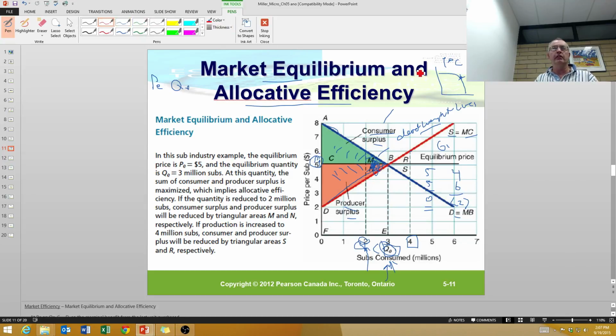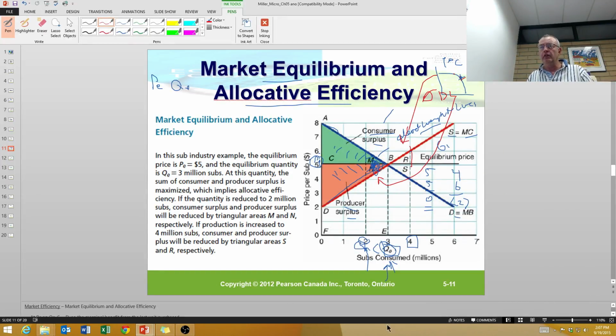If we instead were at this point here, we would be overproducing one product, so we would have a deadweight loss from overproducing, and we would be underproducing the other product, and we would suffer a deadweight loss for that product. So when the market's in equilibrium, that puts us at the point of allocative efficiency on the production possibilities curve, and that's the point where there's 0 deadweight loss.